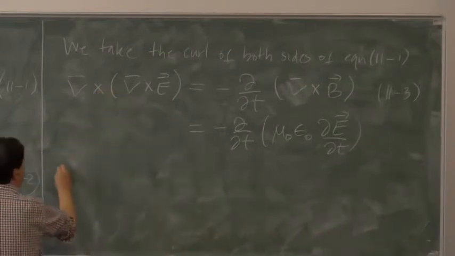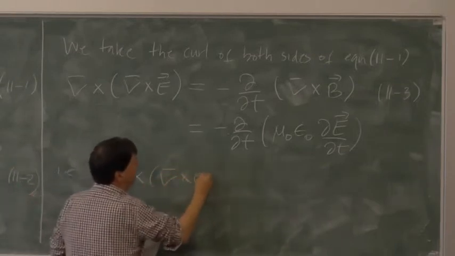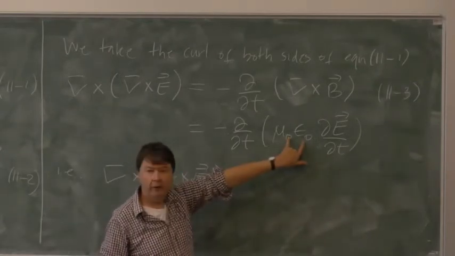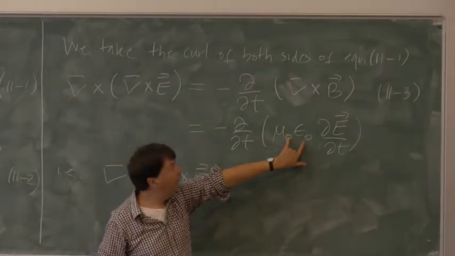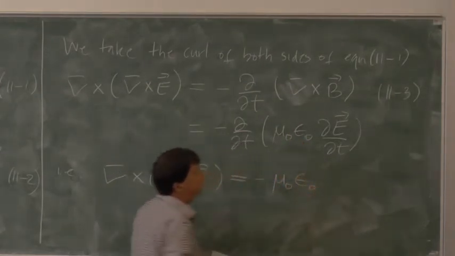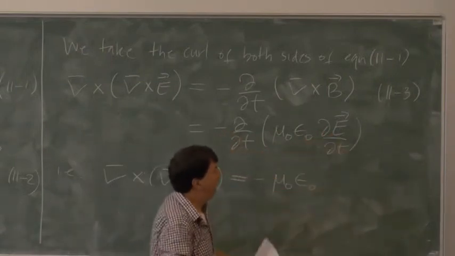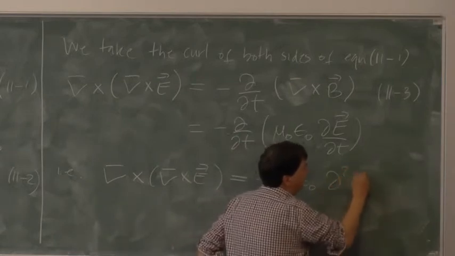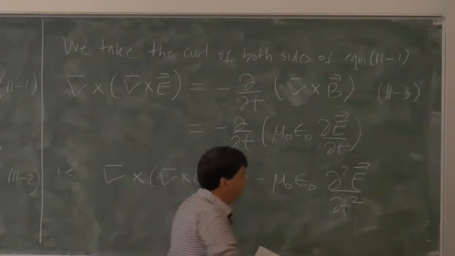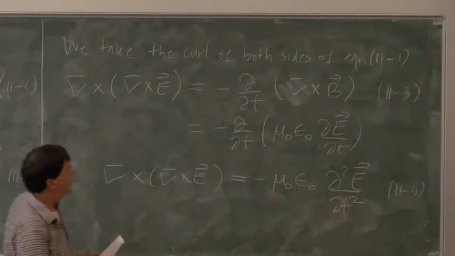That is, the curl of E is equal to, well, of course, we can take these two fundamental scalar quantities out the front and write this as minus mu naught epsilon naught. Similarly, d by dt of dE by dt is just d2E by dt squared. Let's take it gradually. Let's number this one up as equation 11.4.